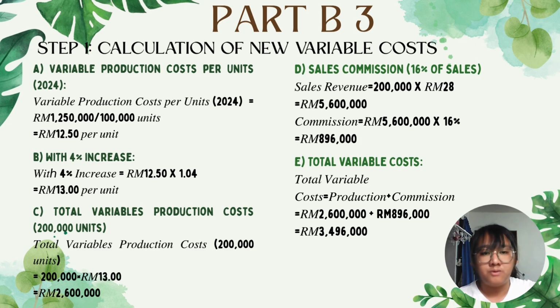But when we multiply with the commission of 60%, we will get 896,000 ringgit. And the total variable cost is the production plus the commission, which is equal to 96,000 ringgit.